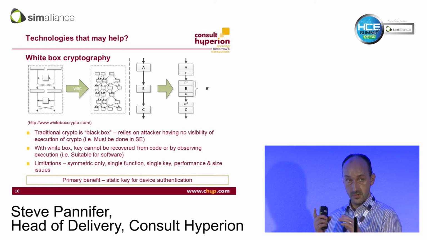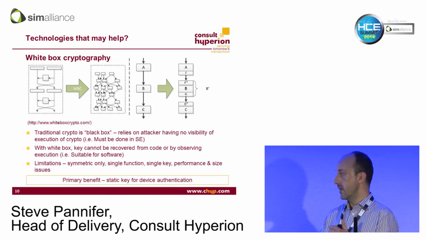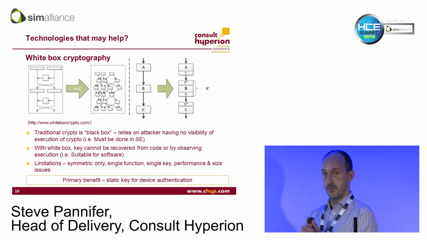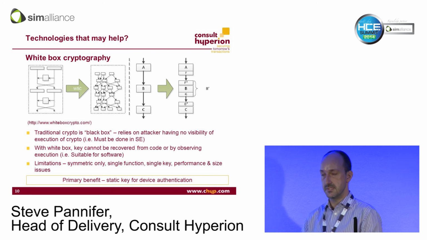The key is secret, but also the processing of the cryptographic algorithm is done in a secret, enclosed environment. You can't observe the cryptographic processing, because if you could, you'd be able to see the key. Now, move that into a pure software environment, and we have to assume that the memory can be interrogated and observed. So that's not a black box environment. So what do we do instead?